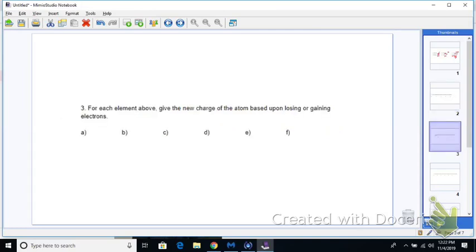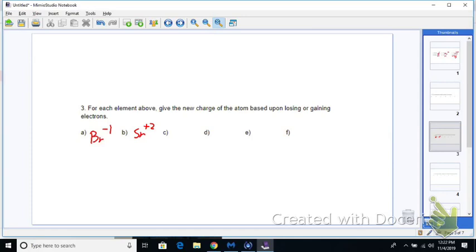Number 3, for that one, it says for each element give the new charge of the atom based upon losing and gaining electrons. So bromine would be a -1 because it gained 1 electron. Strontium would be a +2.